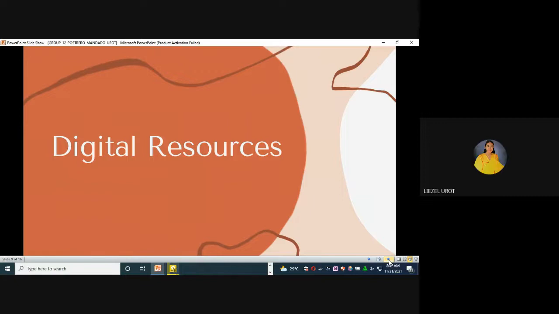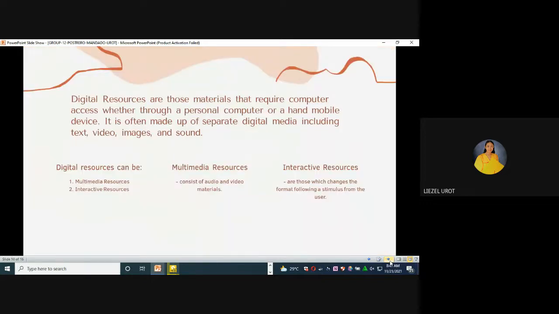Next, digital resources. Digital resources are those materials that require computer access, whether through a personal computer or a handheld mobile device. It is often made up of separate digital media, including text, video, images, and sound. Digital resources can be multimedia resources and interactive resources.